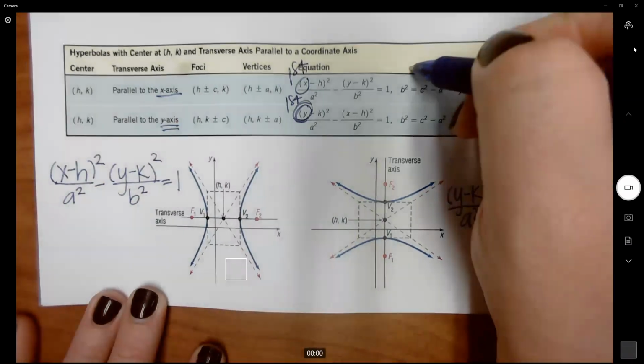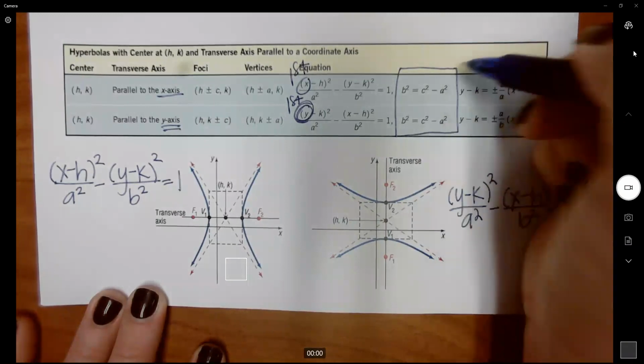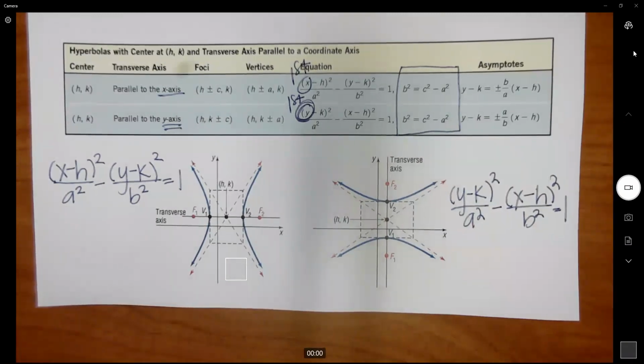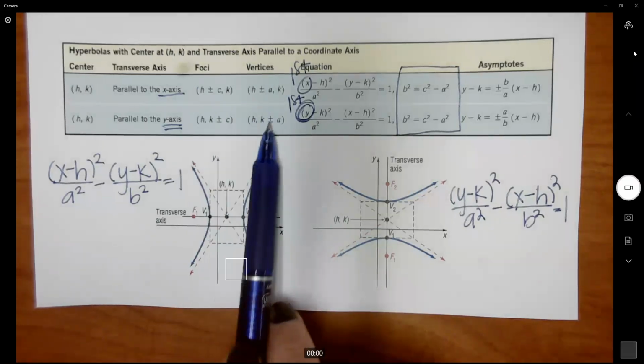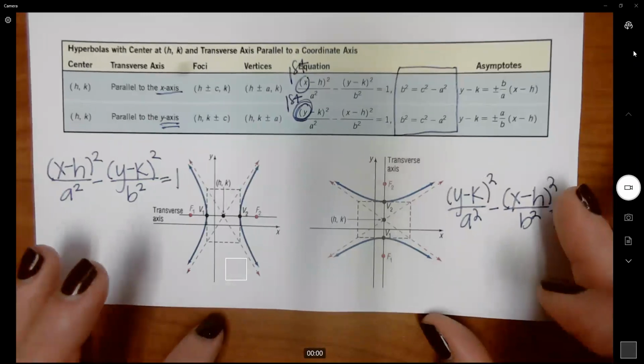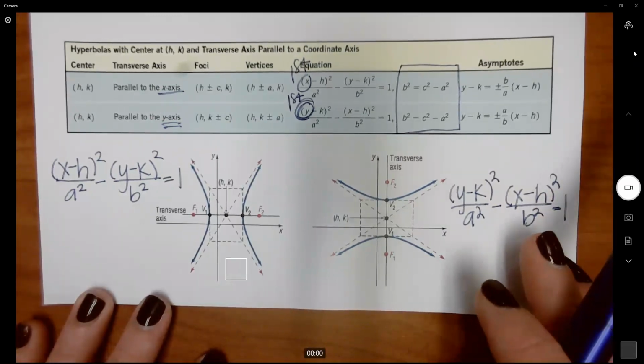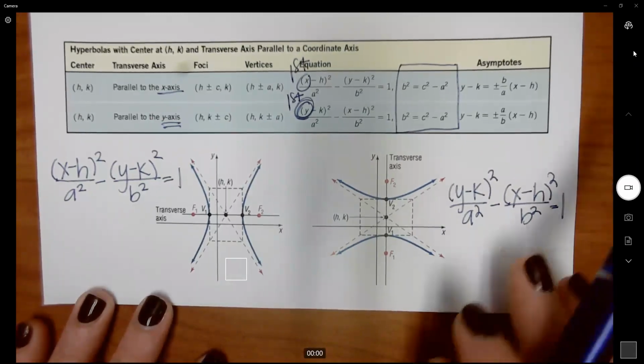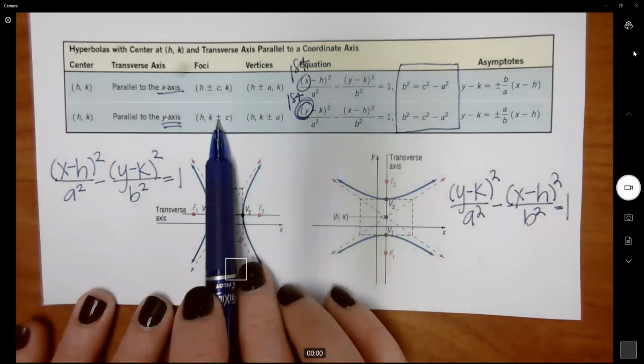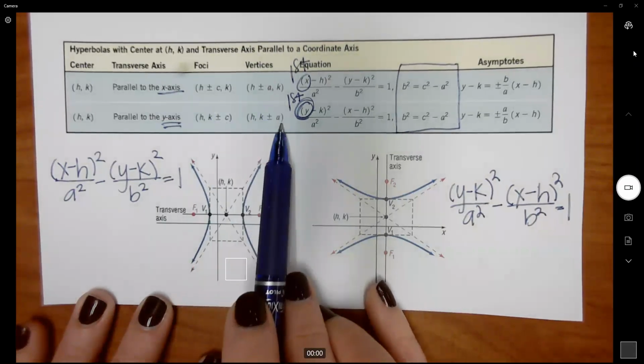These both have the same formula of b squared equals c squared minus a squared that we've already been using. You have some formulas here on how to find the foci and the vertices, where the foci is still c and the vertices are still a.